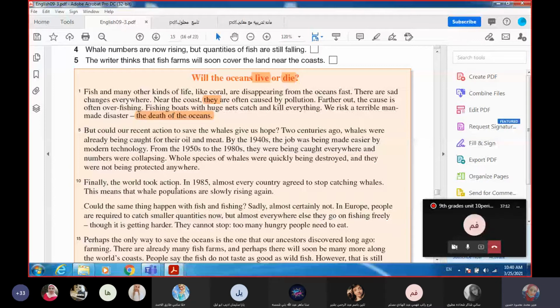There was overfishing of whales in the 1940s and two centuries ago. What do you mean by century? A century is a period of a hundred years, so two centuries is 200 years. Whales were already being caught. Whale hunting was common. Why do you think?